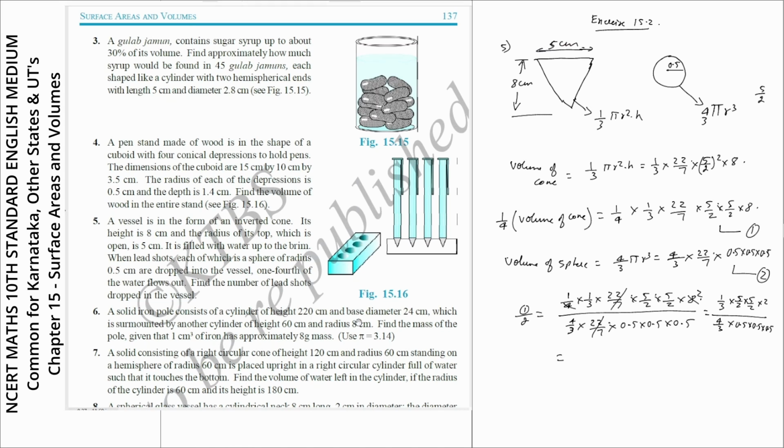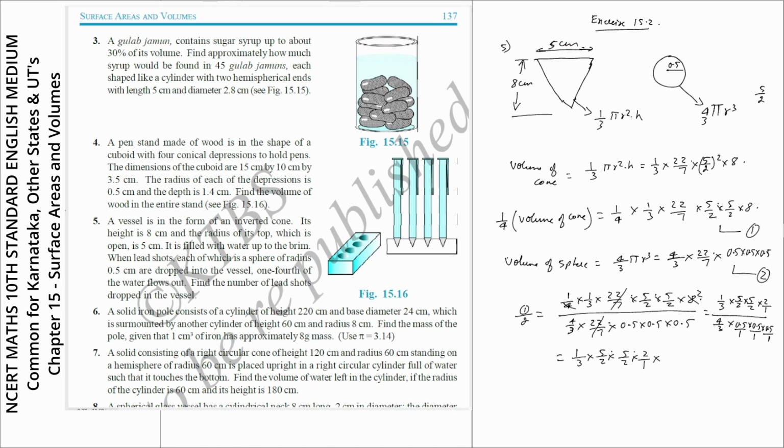So this is equal to, now in the numerator 2 by 2 means it is 2 by 1, and even in the denominator 0.5 means it is 0.5 by 1, 0.5 by 1, 0.5 by 1. Now I will bring all the denominator to the numerator. So first I will write numerator as it is, 1 by 3 into 5 by 2 into 5 by 2 into 2 by 1.